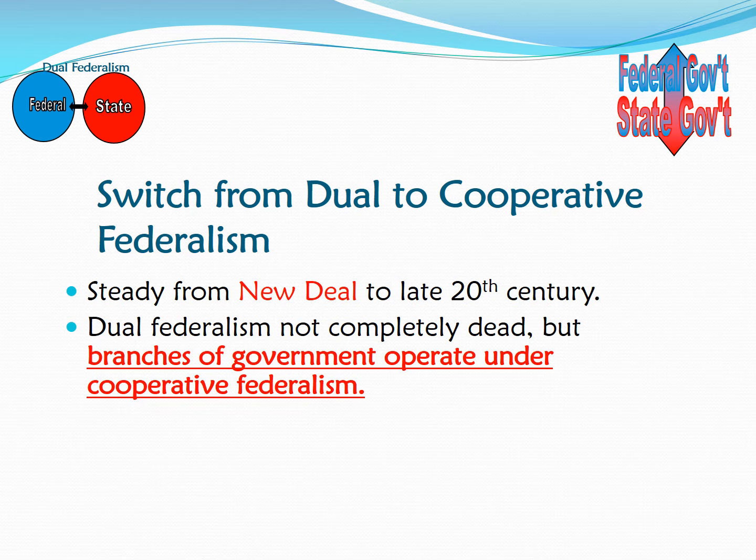Why? Well, I like to play with this word cooperative, and I'd like to change it into the word co-opt. If you look up the word co-opt, it's to borrow something and make it your own.